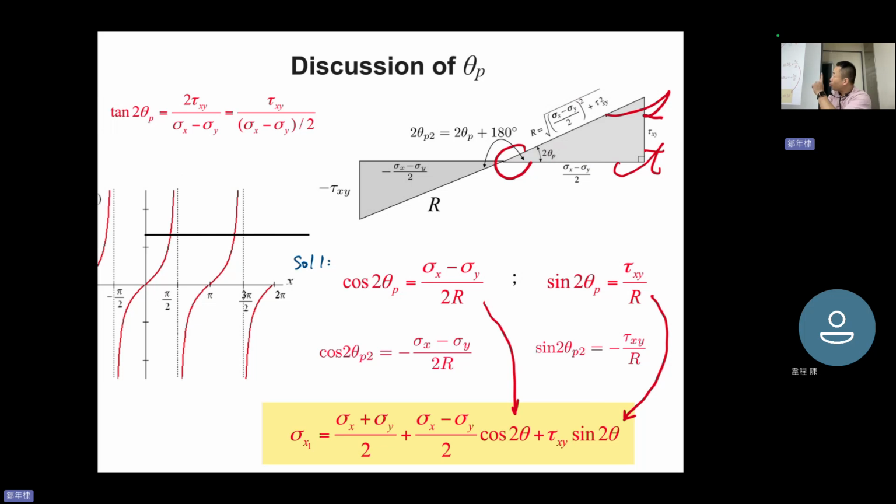So I just mentioned one solution, which means that we have a second solution. We also need to know that we have the second solution. Why? Because if you plot tangent x in the figure, your tangent x looks like this, right?